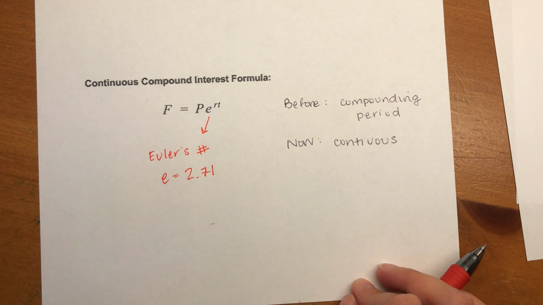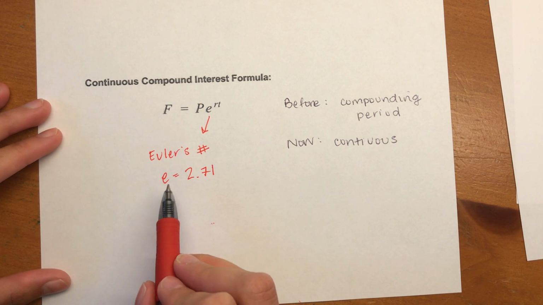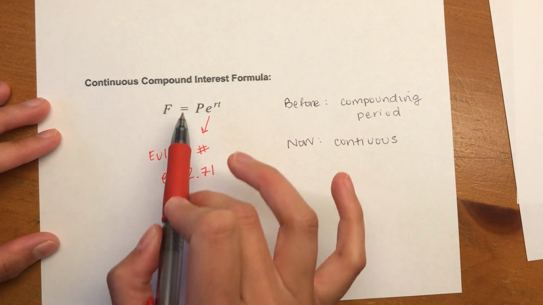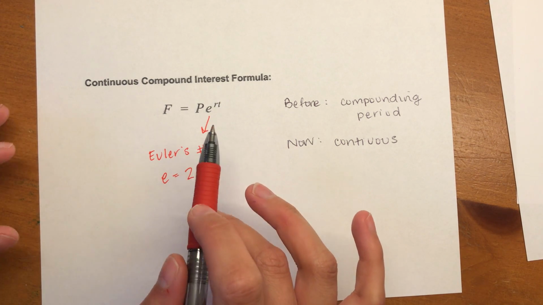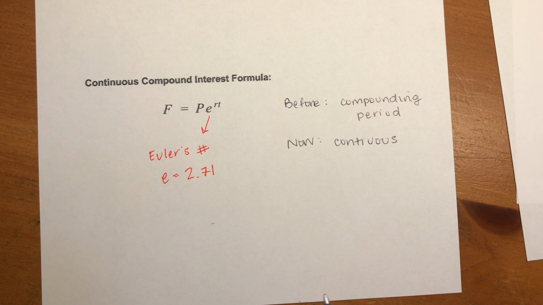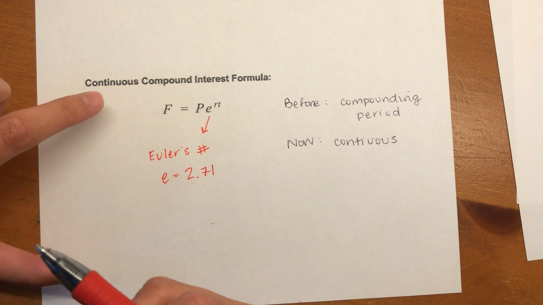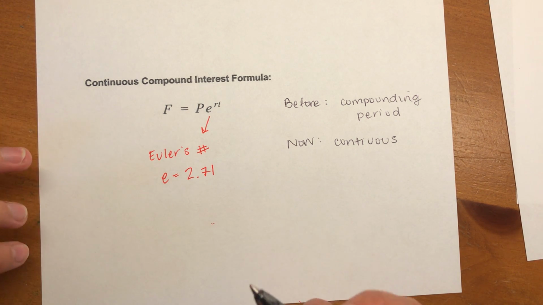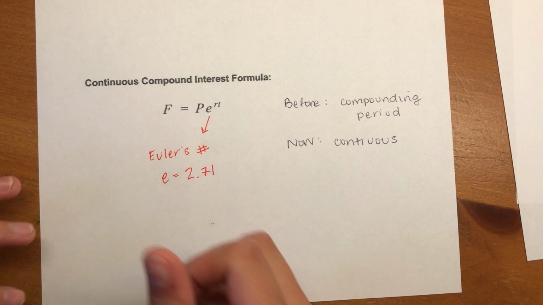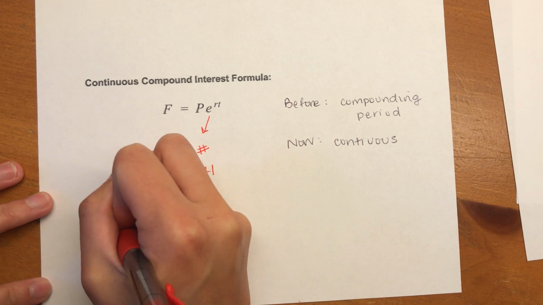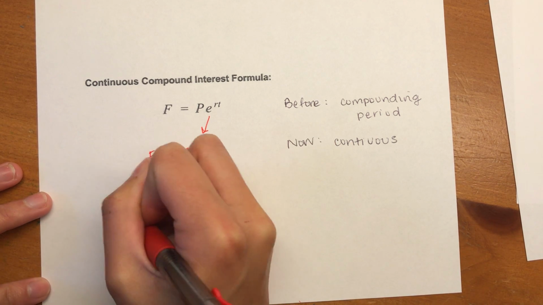But for now, what you need to know is that this value is going to represent the maximum value that you could get on a savings account, or the maximum number of times your interest can be compounded, in order to get this continuously compounding interest formula. Okay, now everything else is going to be the same, so we know P is always the initial value.